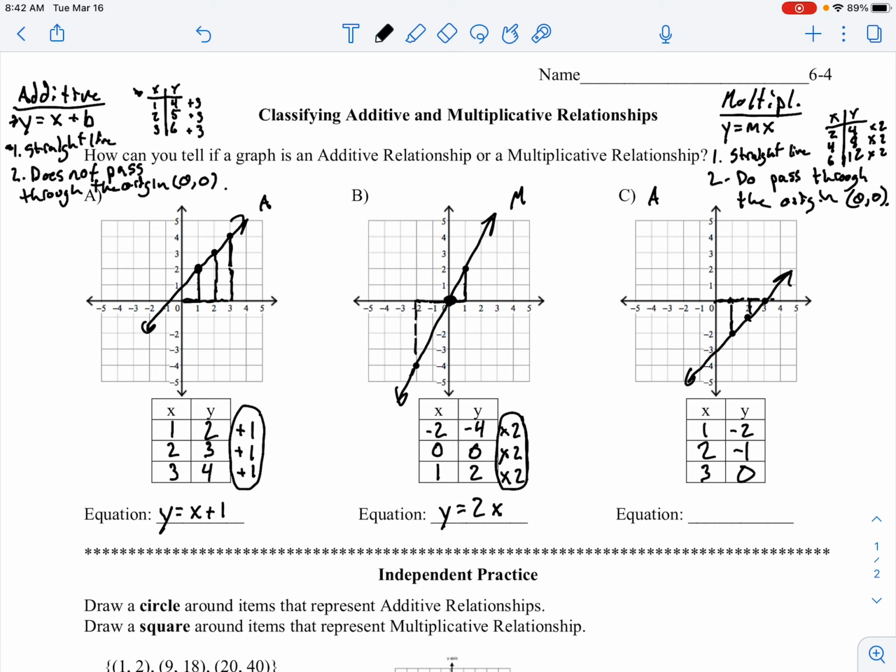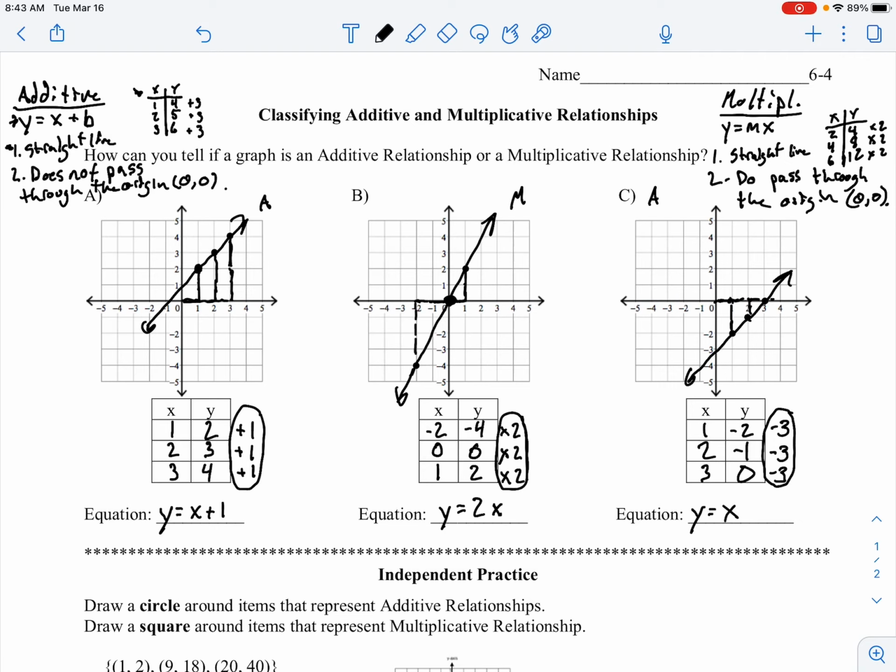All right, so we thought it was additive. Let's double check it. How do I get from 1 to -2? Well, I have to subtract 3. How did I get from 2 to -1? Well, once again, subtracting 3. And then 3 to 0, I am subtracting 3. So remember, additive relationships also include subtractions here.